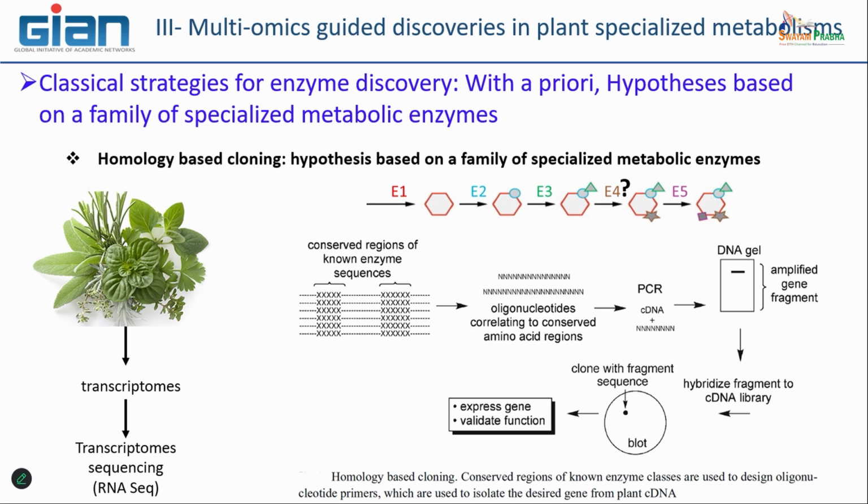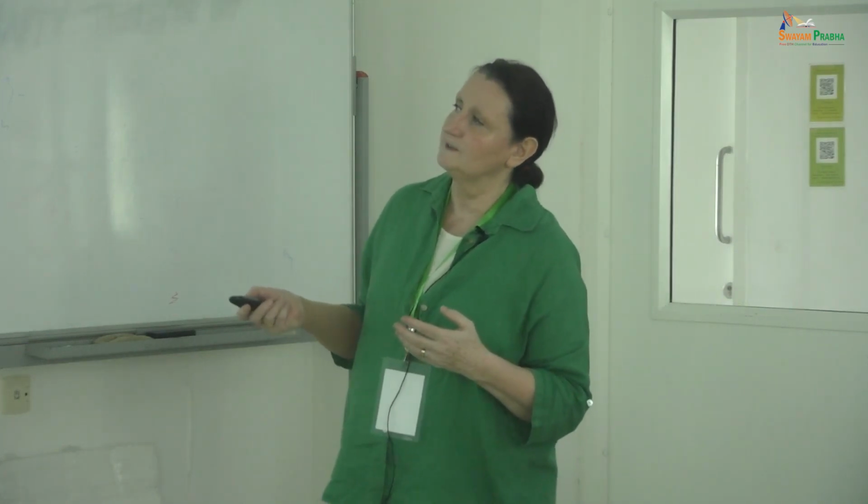The limitation of this system, which is long but quite efficient, is that when you want to validate the function by enzyme activity, you need to have these intermediates. Sometimes it is quite difficult to have the metabolite intermediates of the metabolic pathway.